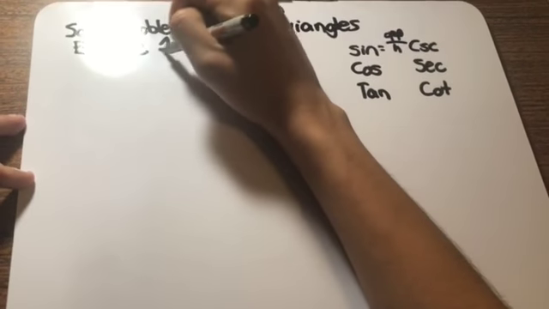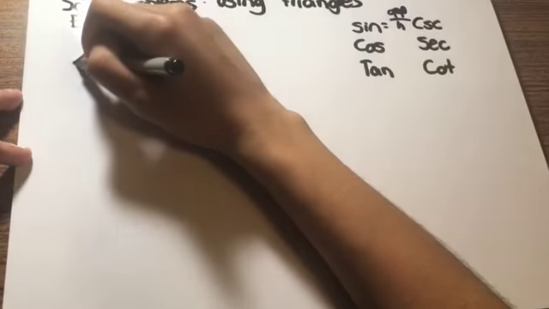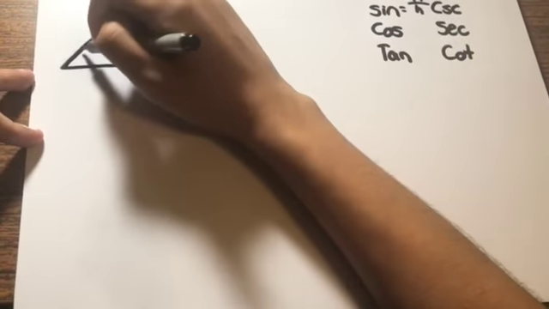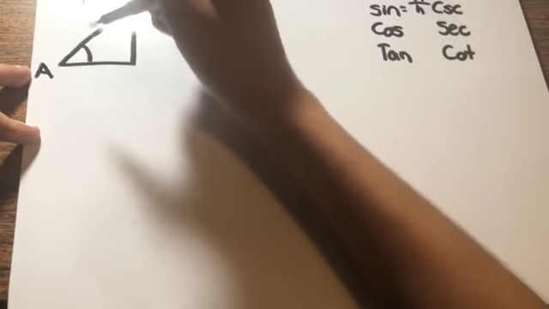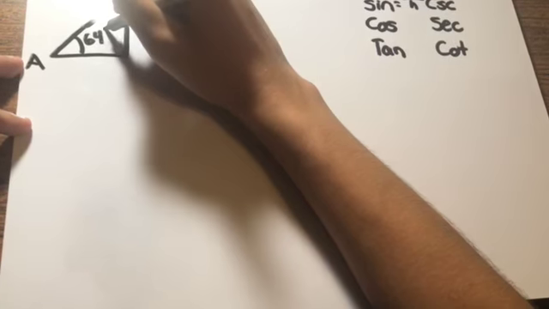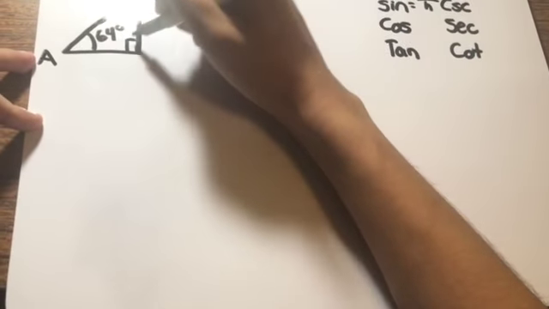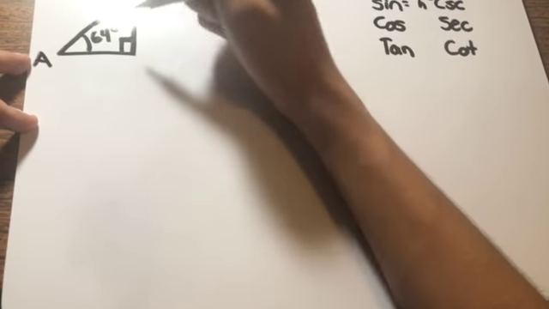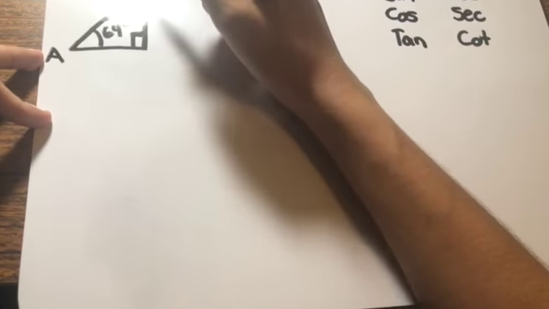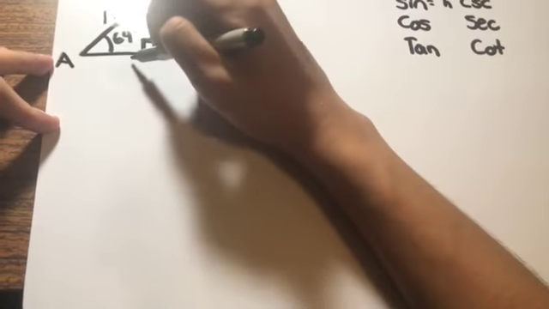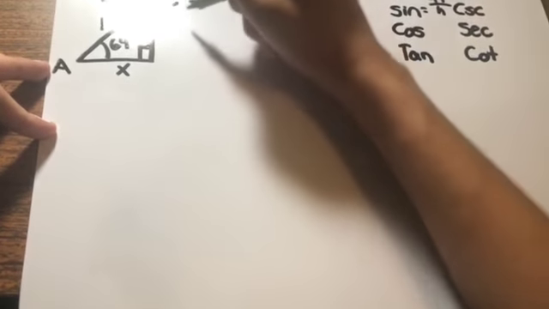For the first example, I have this triangle right here. This is going to be A, and they already give me the value of the angle, which is 64. And all the triangles we solve are right triangles, so we already have a 90-degree angle. So they're giving us this side, and we need to find x.